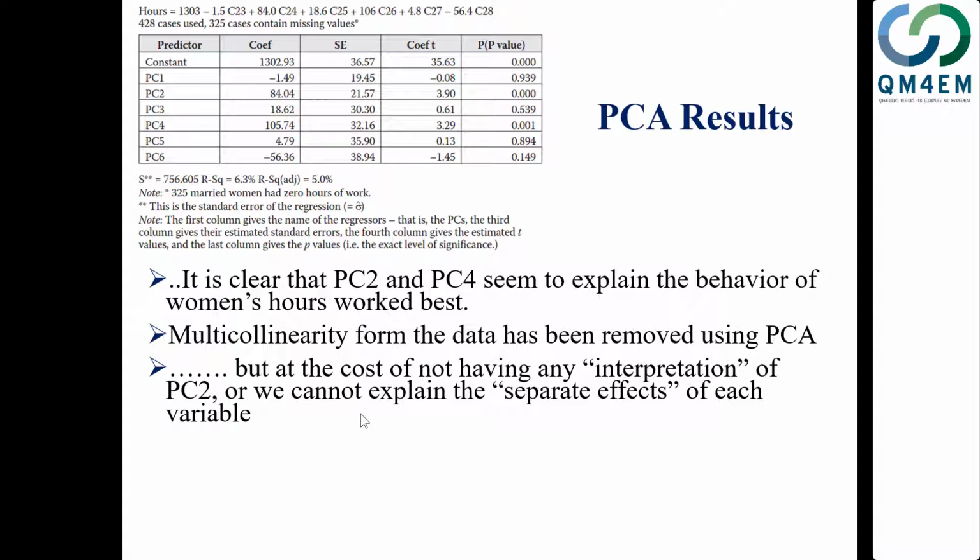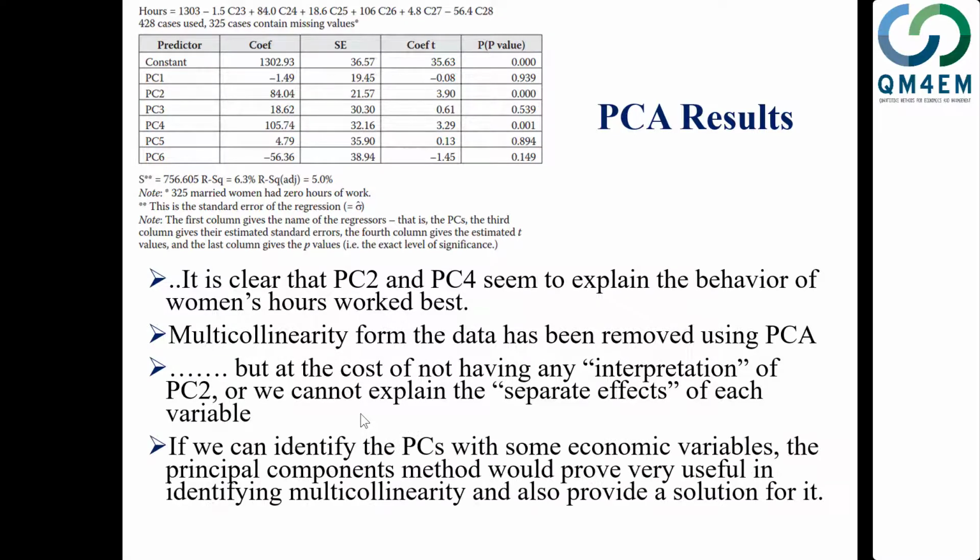That's the cost you pay for PC analysis. According to Gujarati, if we can identify PCs with some economic variables, principal component analysis becomes more useful and can help solve the problem of multicollinearity.